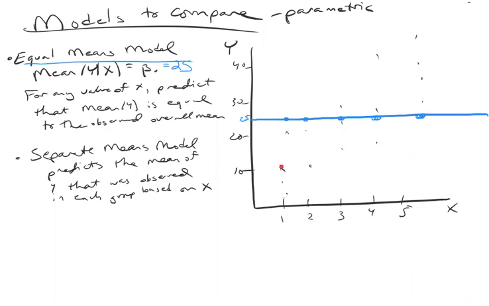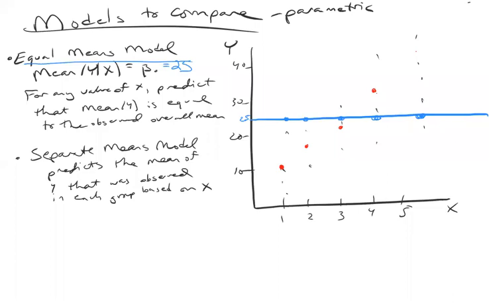I don't know, maybe right around here. If you look only at the y values where x is equal to 2, I think I just drew 2 of them, so the mean's right here. If you look only at the y values where x is equal to 3, the mean might be here. Only at the y values where x is equal to 4, I don't know, maybe I'll put it here. And the mean of y when x is equal to 5, I don't know. Let me draw another dot because I want it to be a little lower.